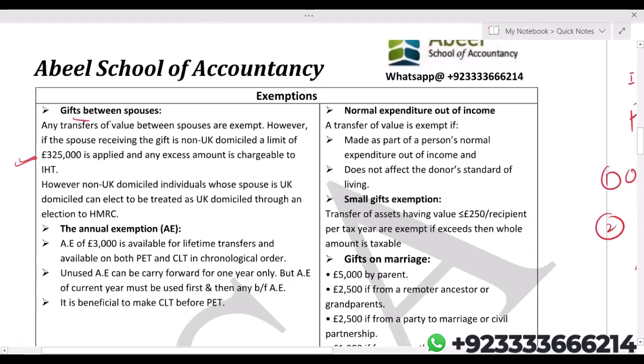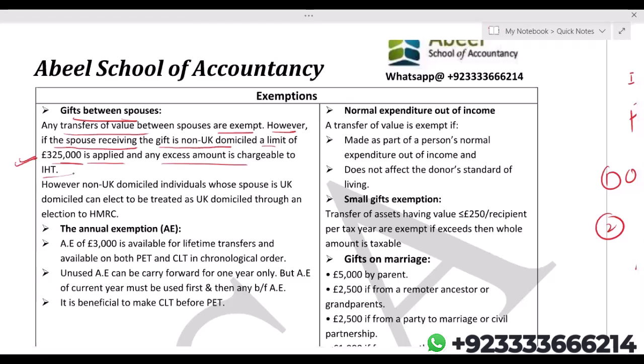Gift between spouses. Any transfer of value between spouses is exempt. However, if the spouse receiving the gift is non-UK domicile, a limit of 3,25,000 is applied and any excess amount is chargeable to IHT. Very important, I would say, for a multiple choice question.